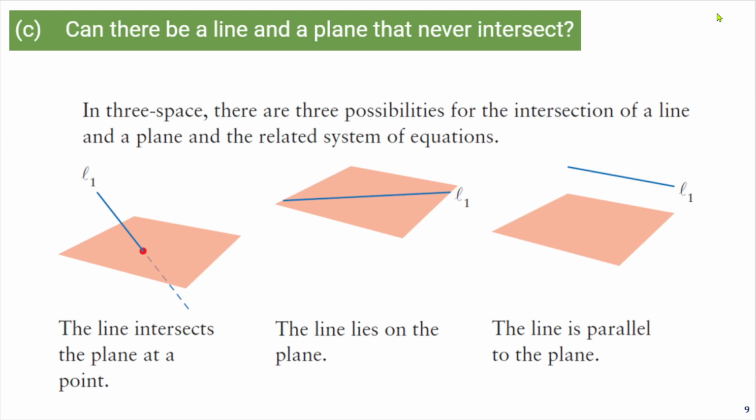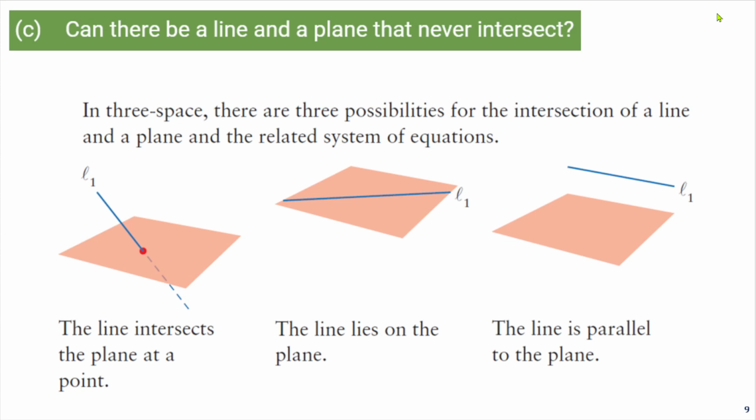So here, as long as you have an intuitive feeling for the relationship of lines and planes, that'll be okay so far. Okay, first the line intersects the plane at a point. And second, the line could also lie on the plane, right?